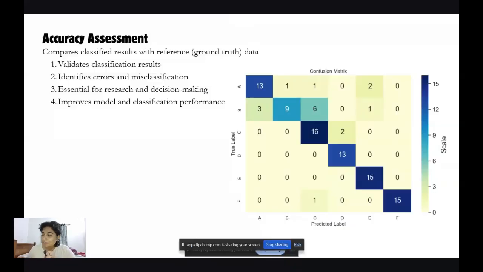Believe me, this is something that will remain with you for a long time, no matter what kind of classification you do.